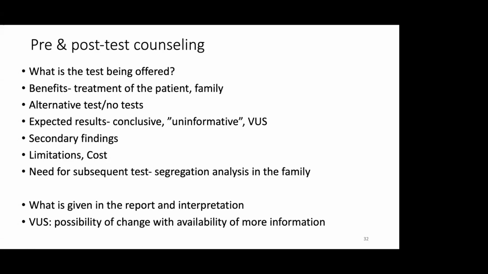This is very important because most clinicians think that testing one individual gives the result. But to confirm that result and to better classify it in terms of pathogenicity, we need to get the test done in affected as well as unaffected individuals in the family to have more confidence in interpreting it as causative.